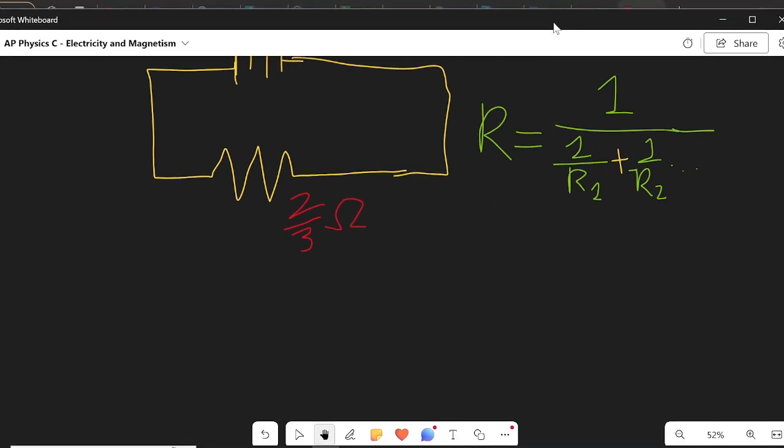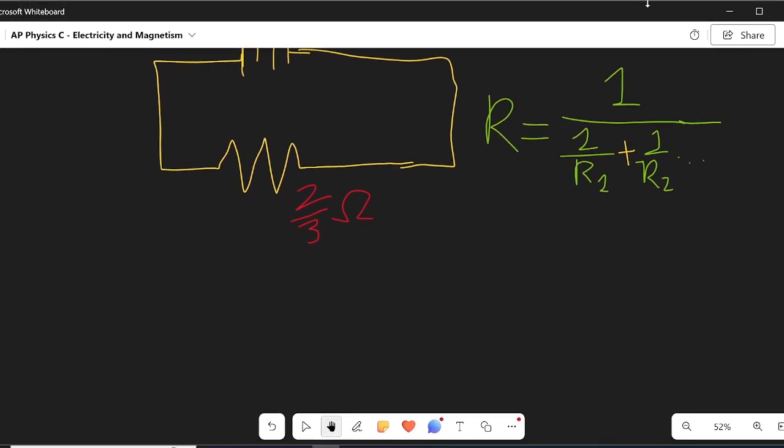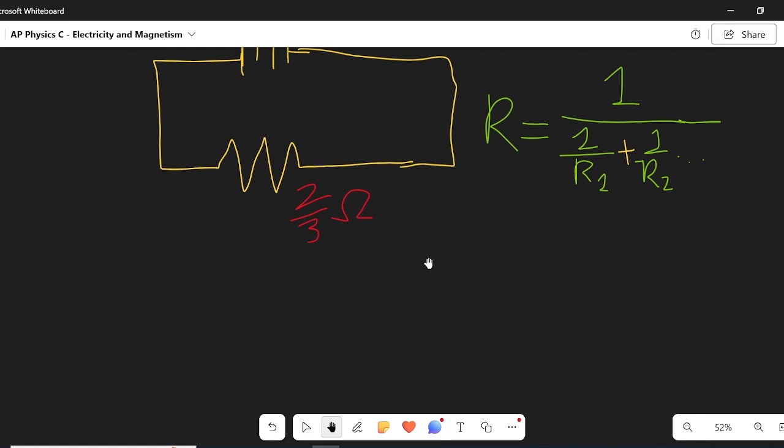So essentially what you're going to want to do is take the smallest group where you have constant resistances, combine them, and then redraw it with that updated resistance.